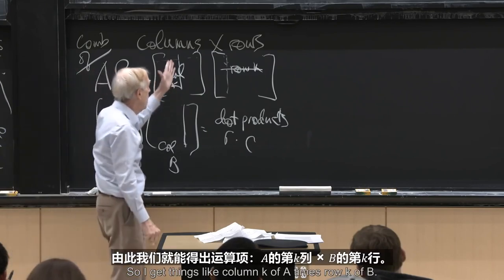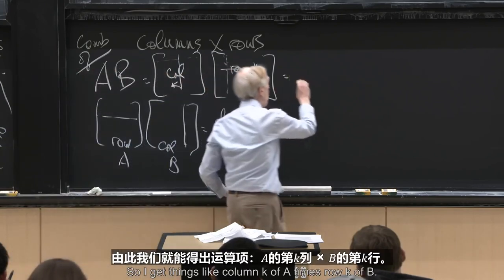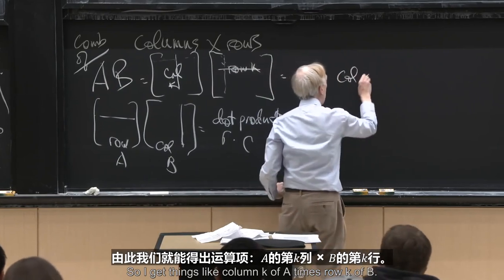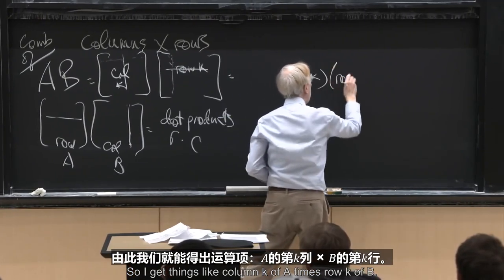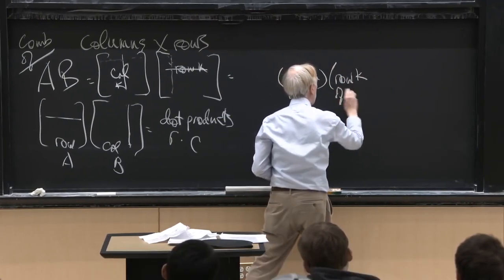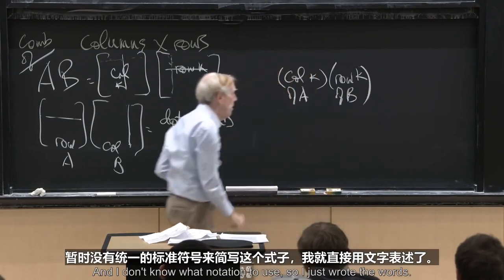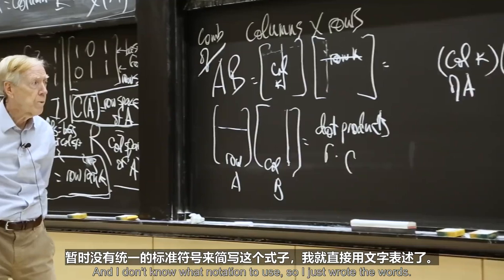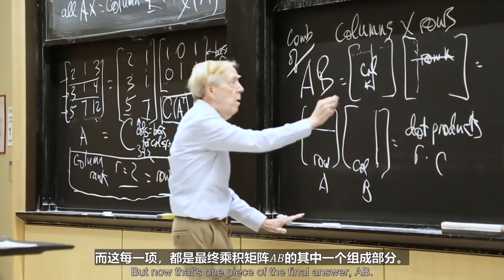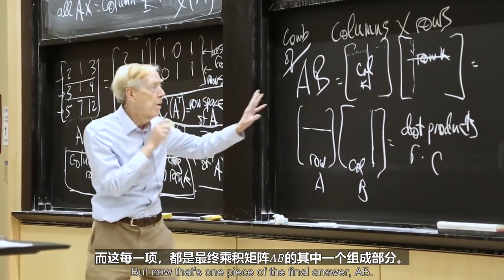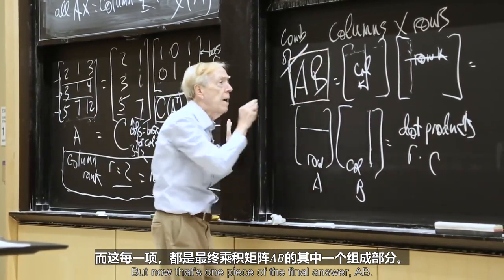So I get things like column K of A times row K of B. I don't know what notation to use, so I just wrote the words. But now that's one piece of the final answer, AB.